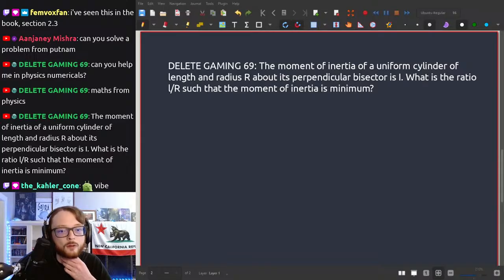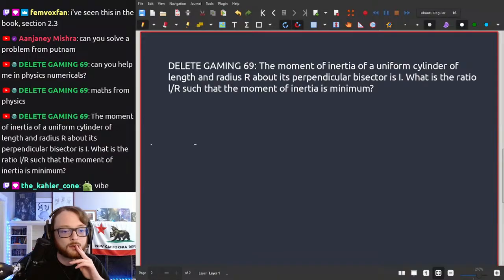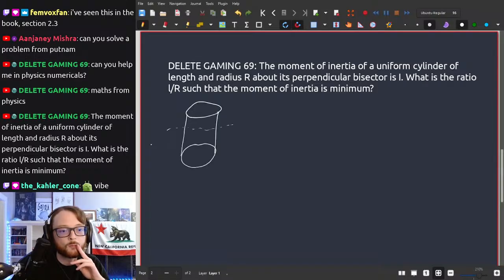But oh, perpendicular. Wait, perpendicular bisector. I'm looking at parallel, aren't I? The perpendicular bisector. Okay, I guess it's with that axis. I thought it meant this axis in green, but now that I reread it, I think I was wrong.